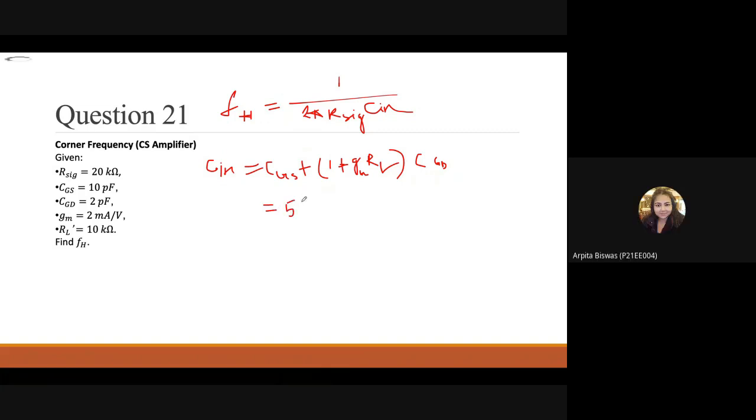Now tell me what is the value of this FH? Here put the value.